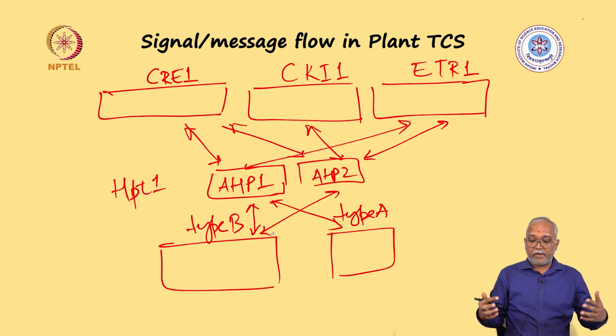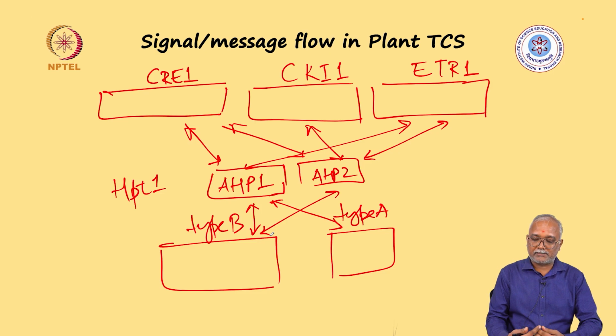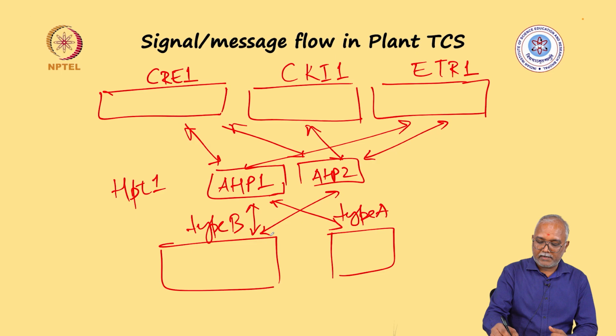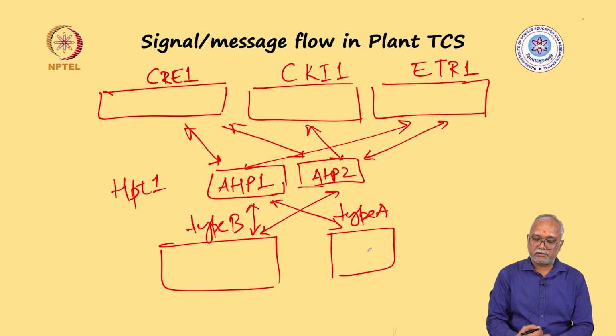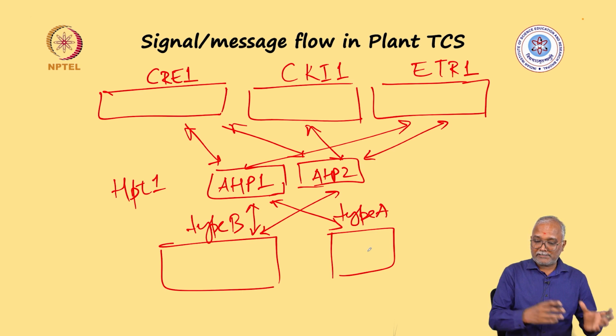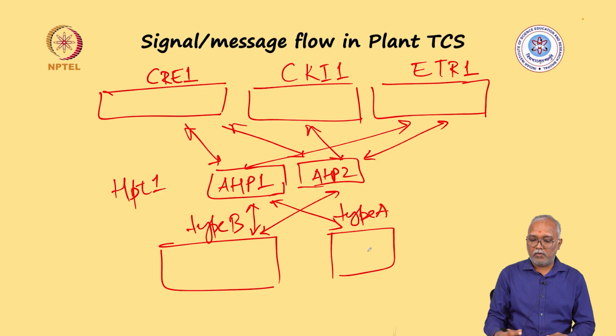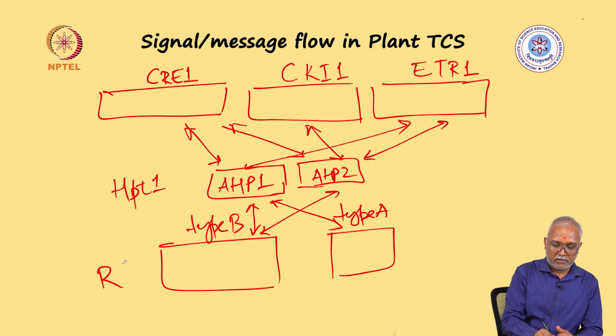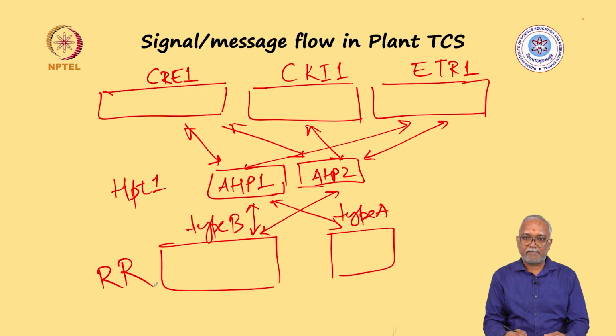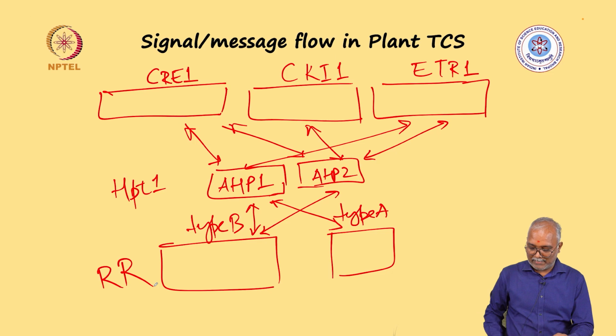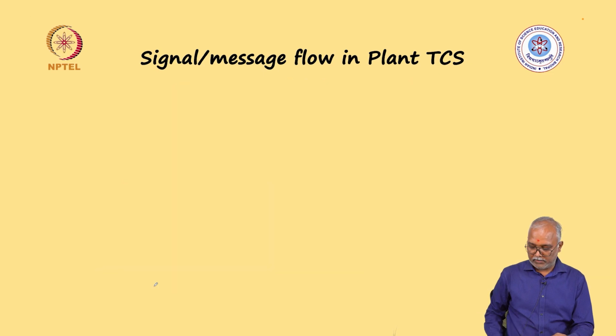So there is a lot of interconnection, crosstalk exists, but it is not like all of them are interacting with all others. Like here you see AHP2 does not seem to interact with the type A response regulator. So we will see in coming classes how the combination is going to be important. One of them will be expressed, one of them will not be expressed, and that will drive the signaling in a given direction. We will see more of that as and when we move forward into the signaling course.